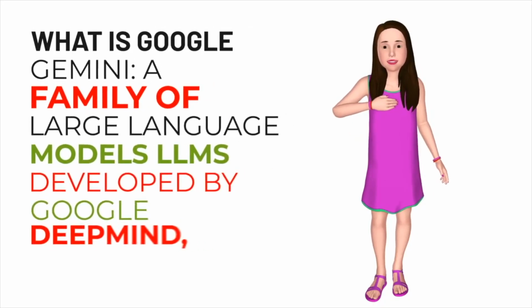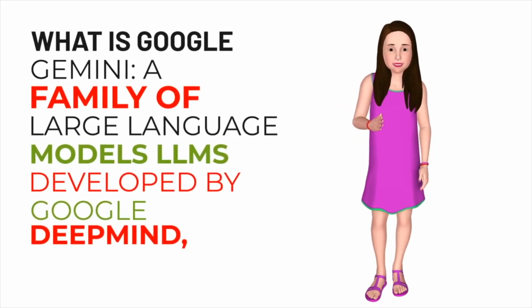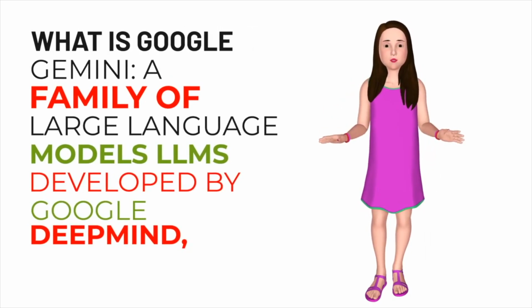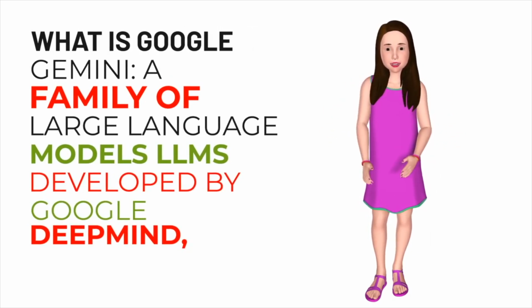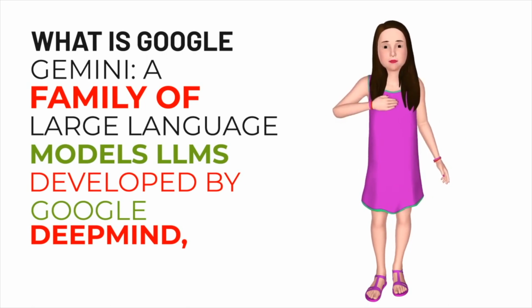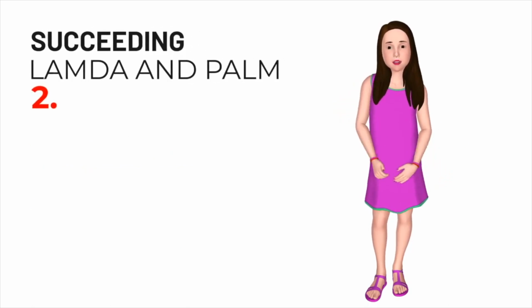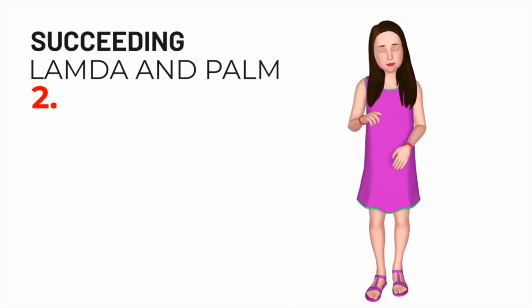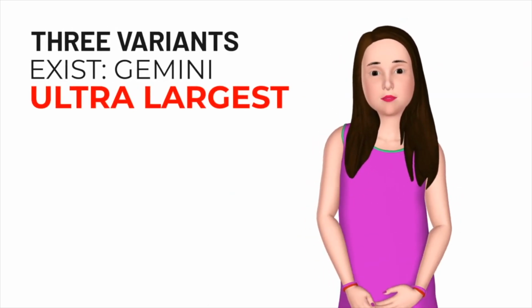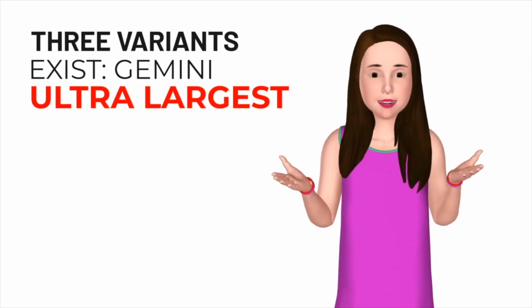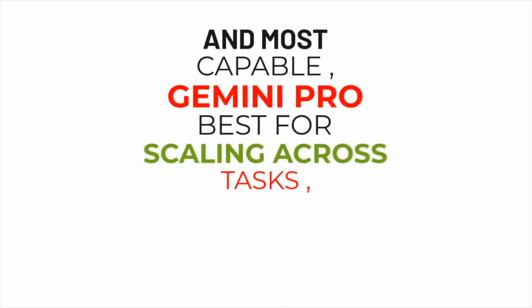What is Google Gemini? A family of large language models (LLMs) developed by Google DeepMind, succeeding LaMDA and PaLM 2. Three variants exist. Gemini Ultra, largest and most capable.